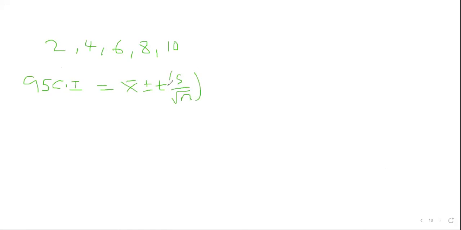Yes. So sometimes the examiner will just say 2, 4, 6, 8, 10. Find a 95% confidence interval. So in this case, he's trying to teach you how to go back to your statistics and calculate your mean and standard deviation on your own. In this case, we calculate our mean by doing what we do in statistics.